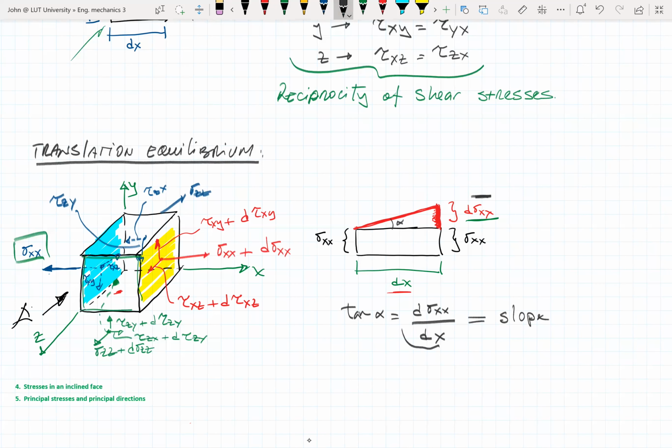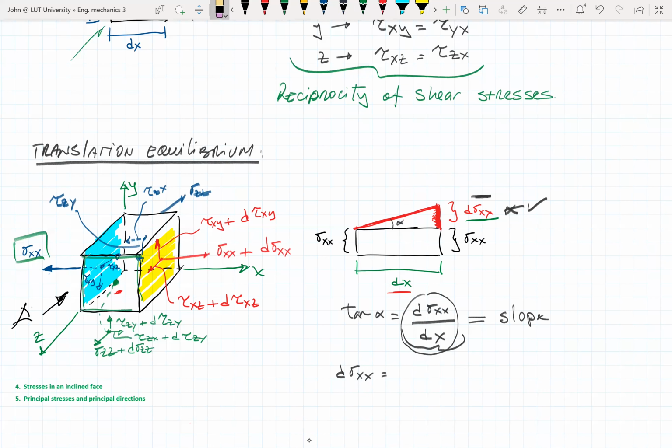And if this is the slope, then I can use this value to calculate how much this increment is. How to do that? I just say that this increment, the derivative of this normal stress, is equal to the slope.